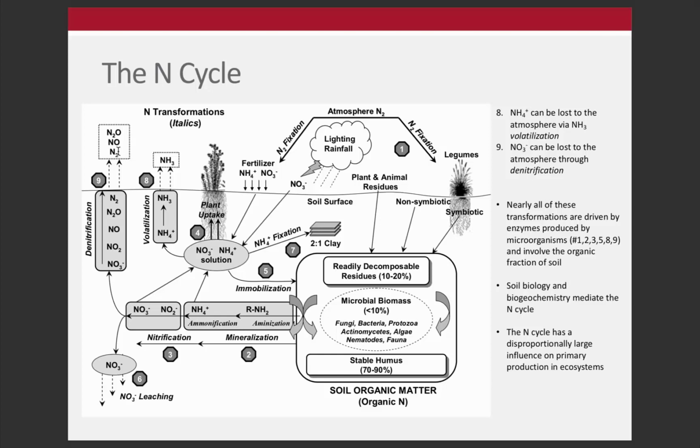So soil biology and biogeochemistry mediate nitrogen cycling and nitrogen availability, and nitrogen, as we just discussed earlier, has a disproportionately large influence on primary production in ecosystems. So if A equals B and B equals C, then A equals C, in that microbes, soil biology, to a large extent, influence and drive primary production on the globe.